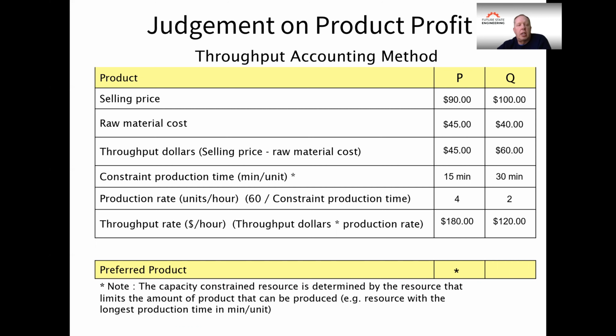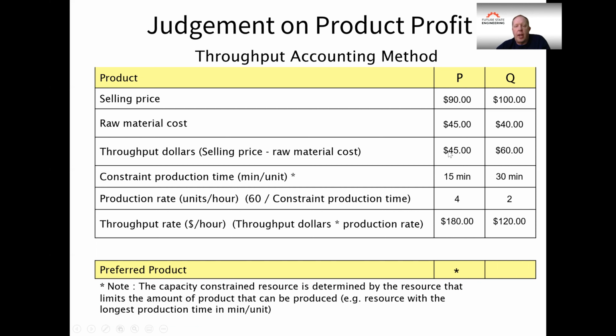So if you look at this example, we take the selling price of each product, we back out the material cost of each product, and we can calculate the value added. So the value added for P is $45, value added for Q is $60, but then we need to look at the flow rate. It takes 15 minutes to produce P and 30 minutes to produce Q. So that means I can do 4 units per hour of P, and I can do less of Q, only 2.